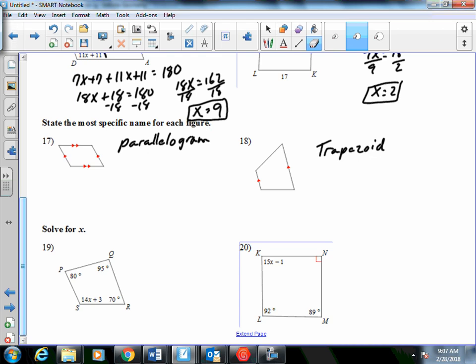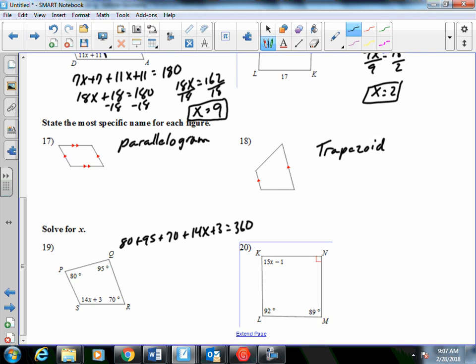Number 19, solving for x. You've got a quadrilateral, so all four angles always add up to 360. So 80 plus 95 plus 70 plus 14x plus 3 has to equal 360.